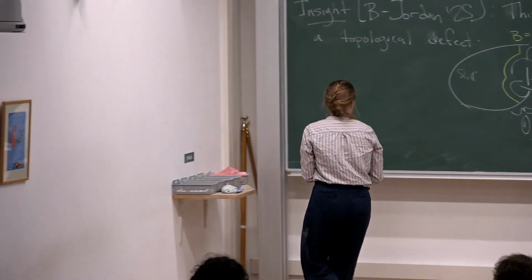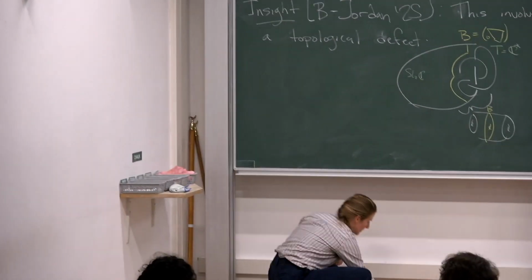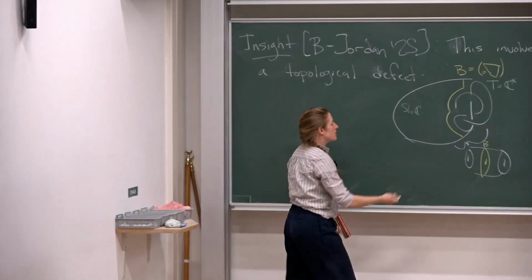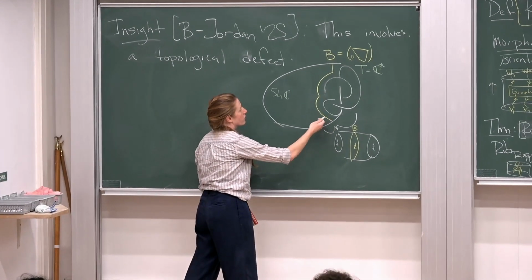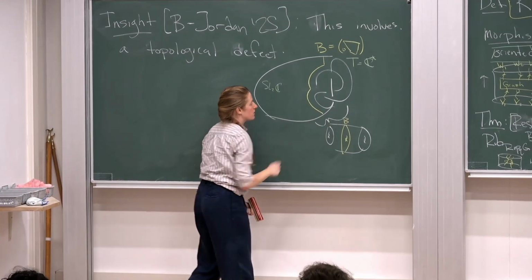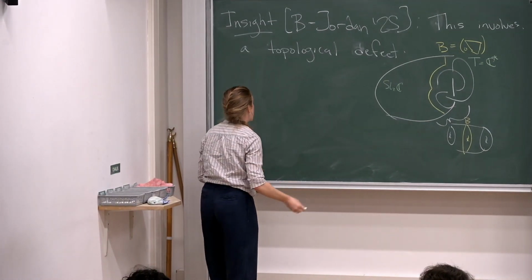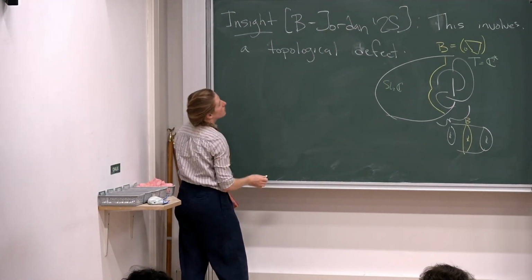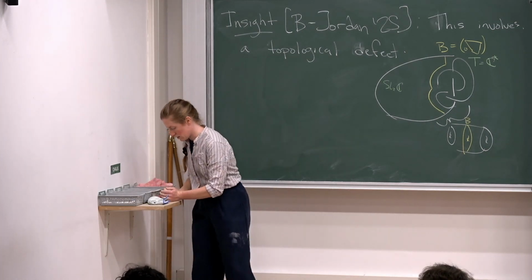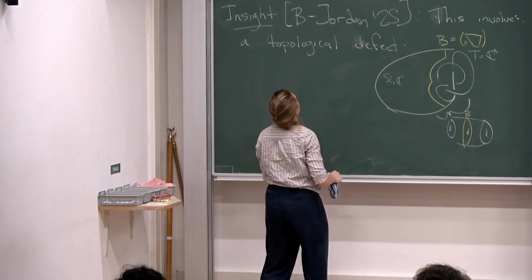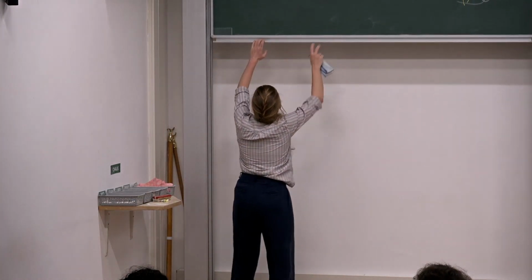And so the thought was, well, we needed to explain how to do skein theory with these surface defects. Let's change the grid.